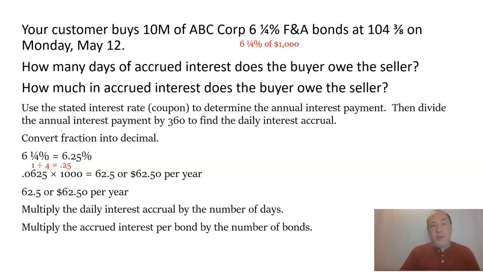Now, since each bond is a face amount of $1,000, it means it's 10 bonds. So $17.88 per bond times 10 bonds is $178.80. And that is how much is going to be added to the price of the bond purchase, which goes from the bond buyer to the bond seller for that seller's prorated share of the next interest payment.